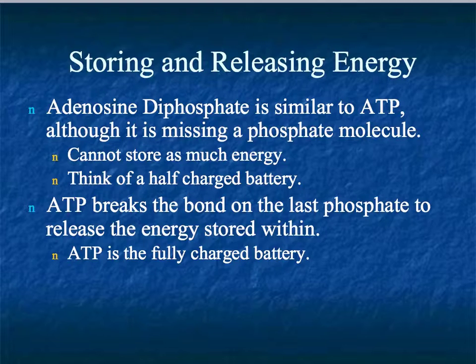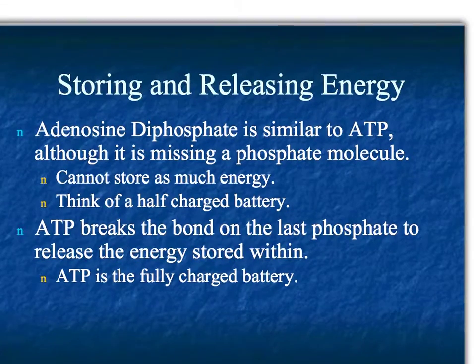So how does it do that? Well, ATP basically turns into ADP, adenosine diphosphate, and it's basically missing a phosphate molecule. The thing here is it cannot store as much energy, and you want to think of it as a half-charged battery.